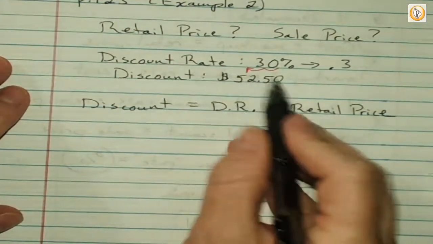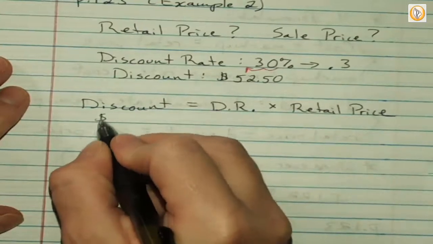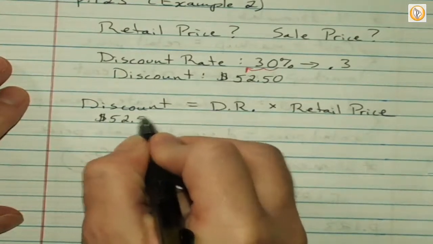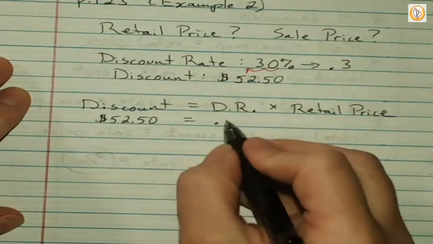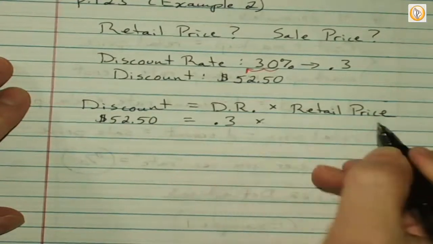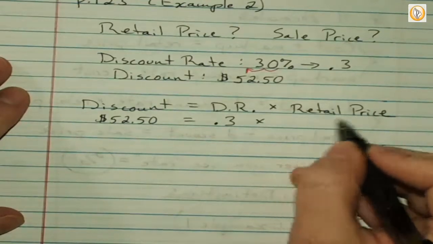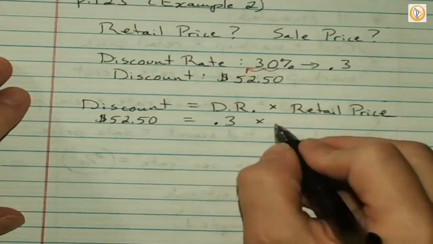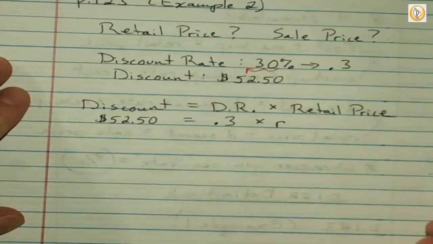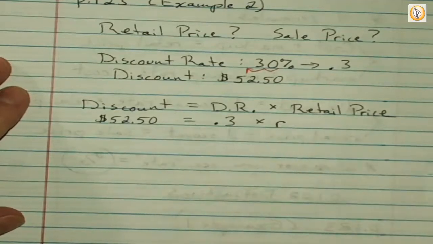Okay, so we know in the problem they gave us the discount was $52.50 equals, they gave us the rate 0.3 times, what should we call this, Aiden? R. So all we're doing, guys, is plugging into the formula the stuff that we were given.